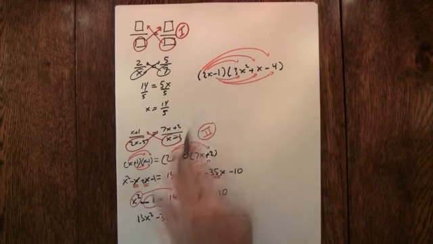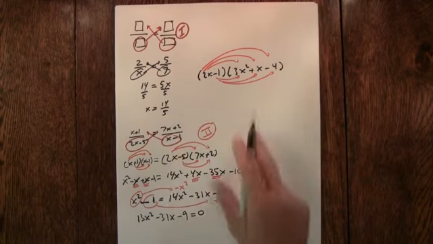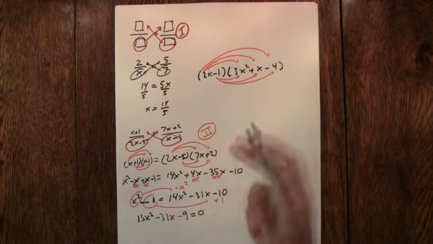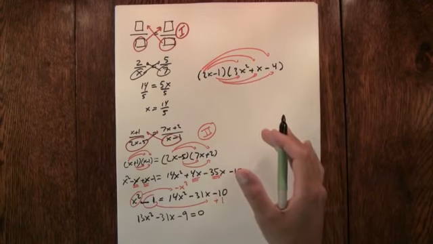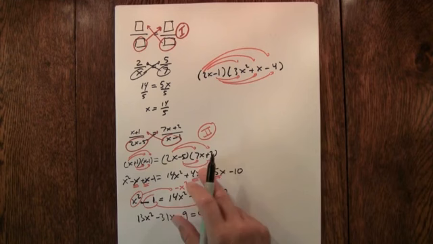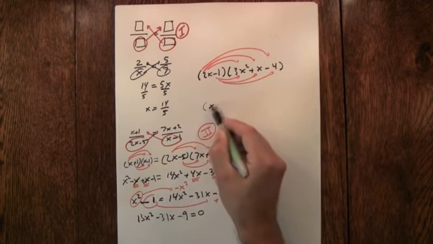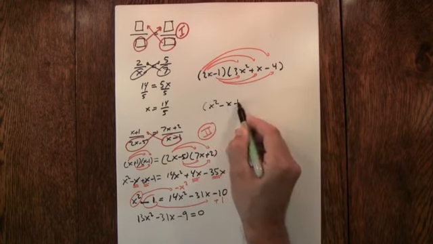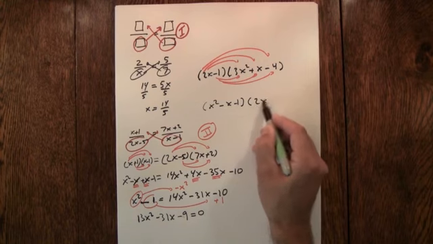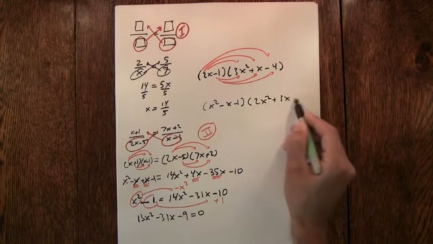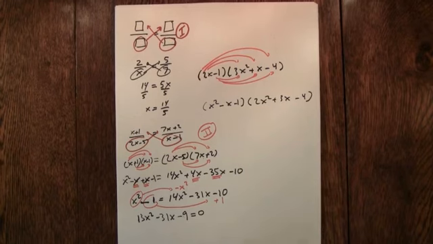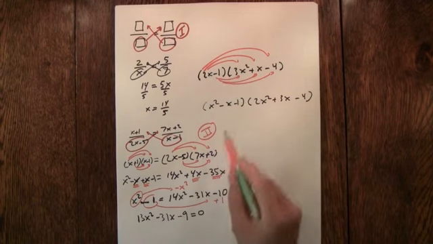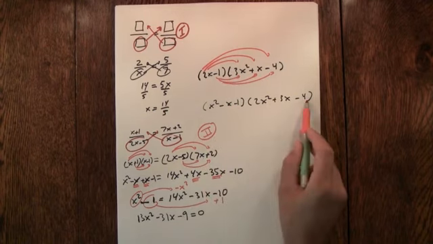Let's say we have a trinomial times a trinomial. The main pattern doesn't change. It becomes a little bit more complicated, but the general process is the same. Let's say we have x squared minus x minus 1 times 2x squared plus 3x minus 4. For this, it's the same deal: every term here multiplies every term here.